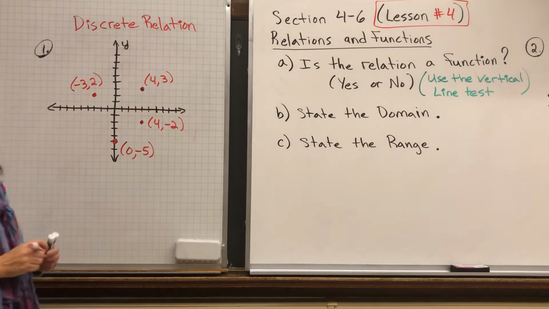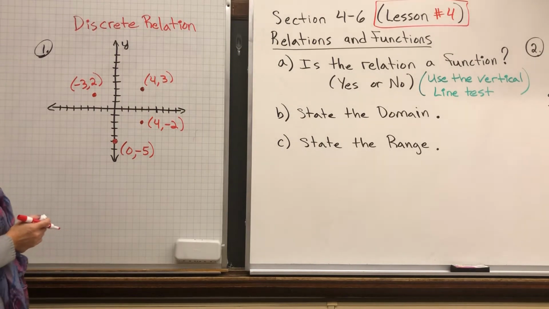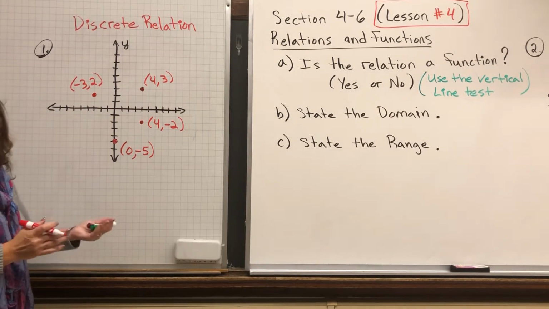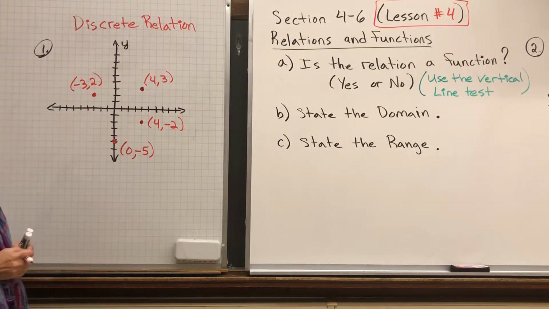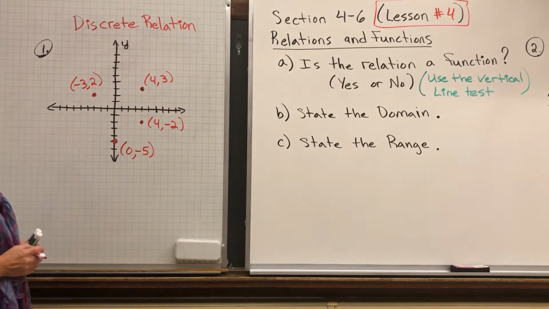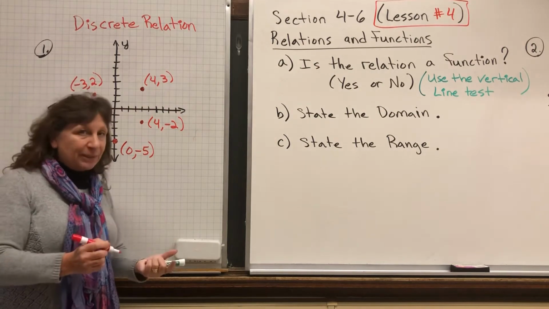So if you would, you can sketch this. It doesn't have to be on graph paper. You can freehand it. I put it on the grid board so that it would make what I'm trying to demonstrate as clear as possible. So I have 4 points, and I want to know if those 4 points create a function or not. If I had the mapping picture of it, it would be pretty clear to me.